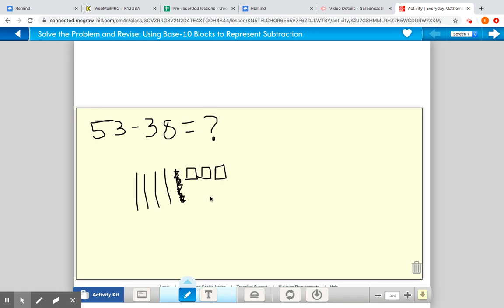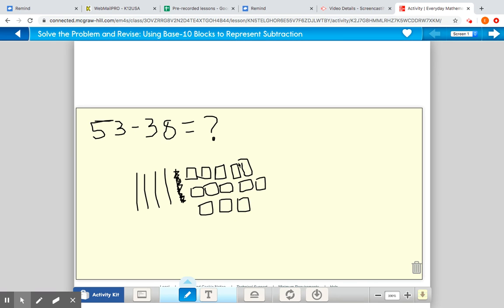But what do I need to do after I take 1 10 away? You're right. I need to make 10 ones. I'm going to do that real quick. 1, 2, 3, 4, 5, 6, 7, 8, 9, 10.